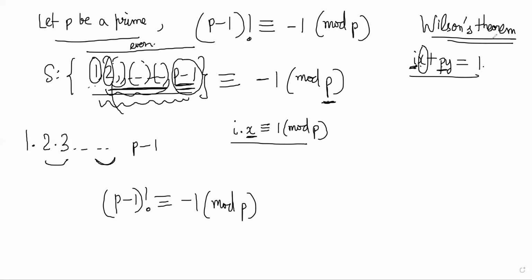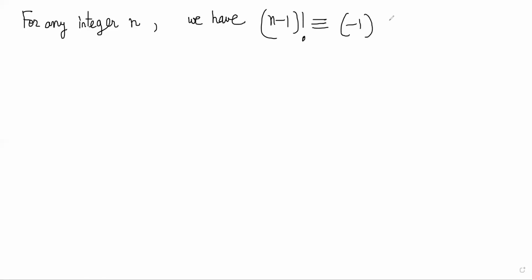Now, another way to check prime number is basically, for any integer n, n minus 1 factorial is congruent to minus 1 mod n if and only if n is a prime.